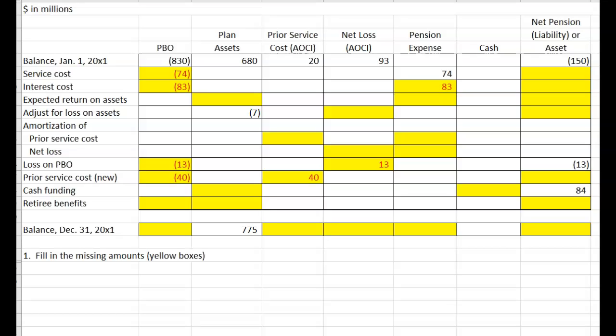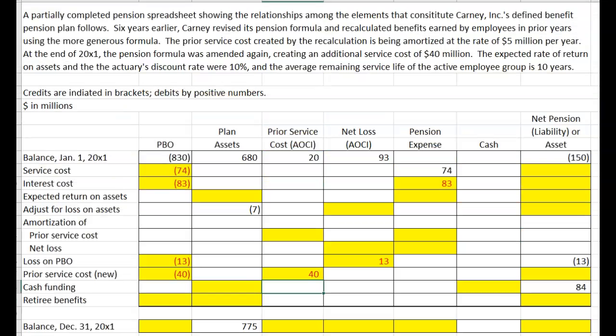The plan assets are increased every year by the actual return on plan assets. As shown in the worksheet, the expected return on plan assets was 10%. It says that the expected rate of return on plan assets was 10%.